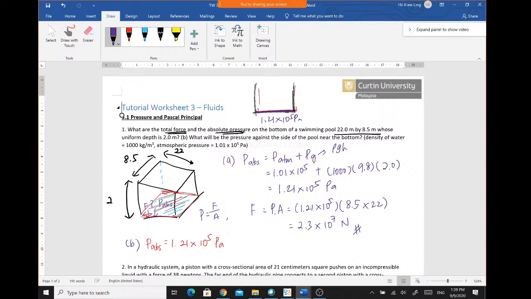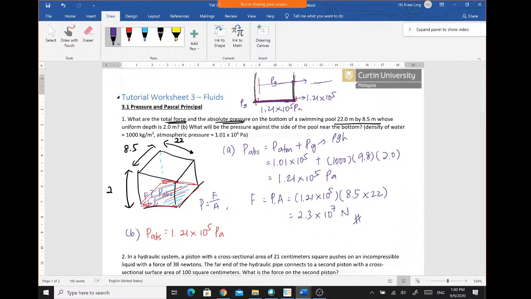So the corner here on the side is still 1.21 times 10 to the power of 5. Unless it is somewhere in the middle, then it will be different, because the gauge pressure is different between this point and this point. But if it is all at the bottom, it doesn't matter about the direction of the pressure. It's still the same, right?